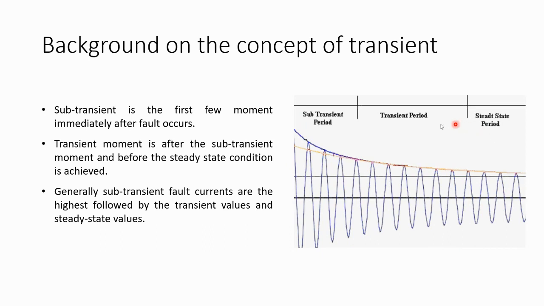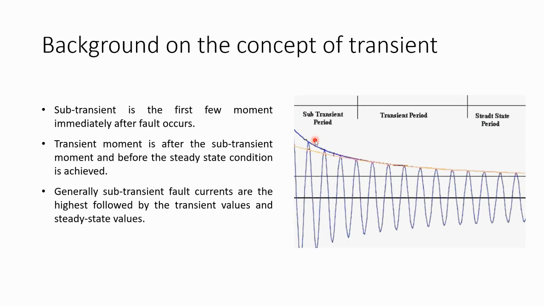So this figure illustrates the life cycle of a typical fault, which is applicable to both balanced and unbalanced faults. As you can see, when faults propagate through their life cycle, they undergo three major phases, which are the subtransient, transient, and the steady-state periods. Subtransient period is the first few moments immediately after the fault occurs, and it lasts only for a few milliseconds.